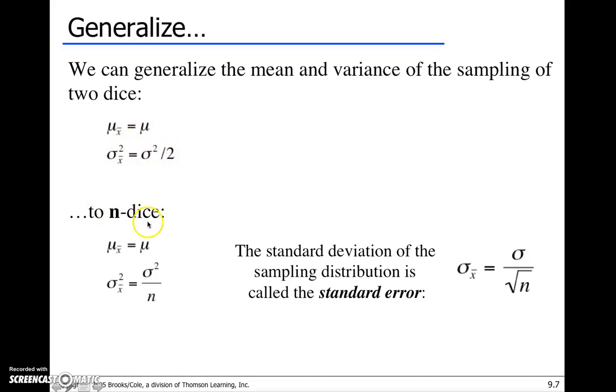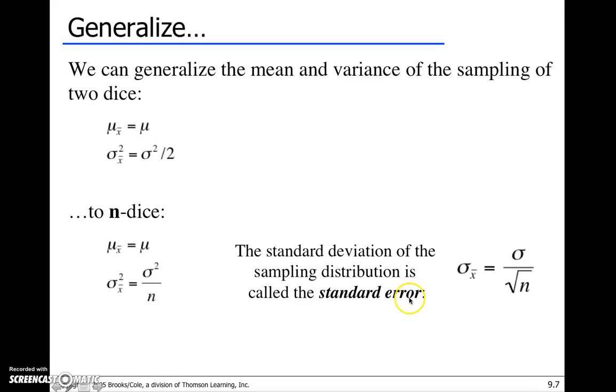For n dice, mu of x bar is going to be mu, and the variance of x bar is going to be the population variance divided by n, the number of dice. So if you toss 5 dice, the variance you could calculate would be the population variance, 2.92 for 1 die, divided by 5.